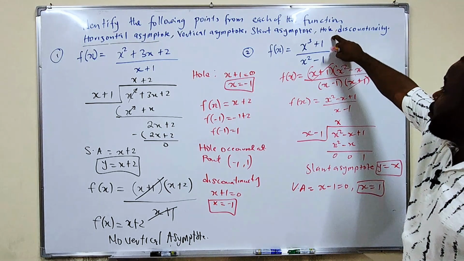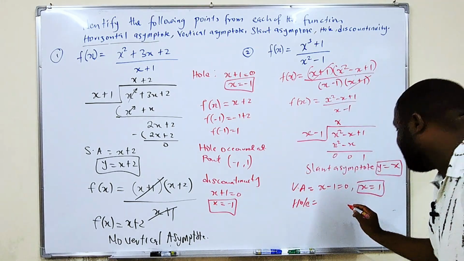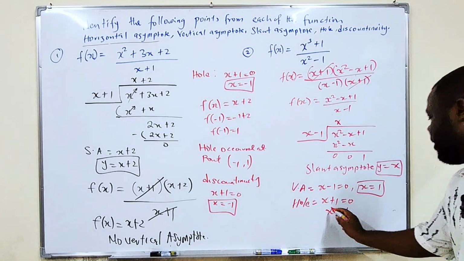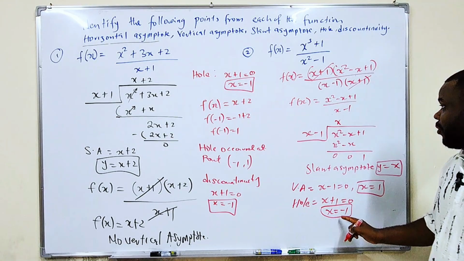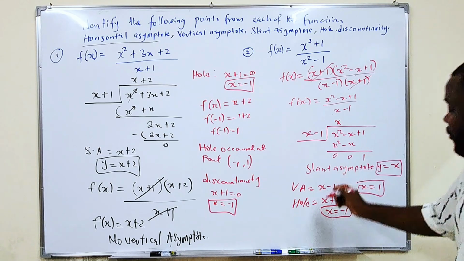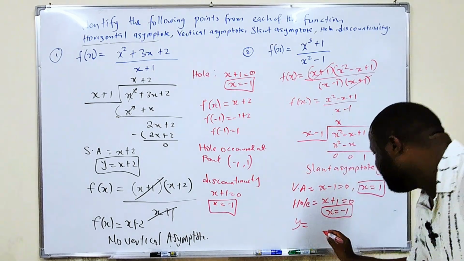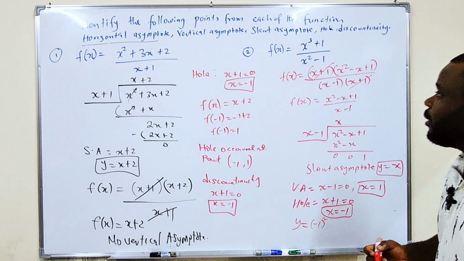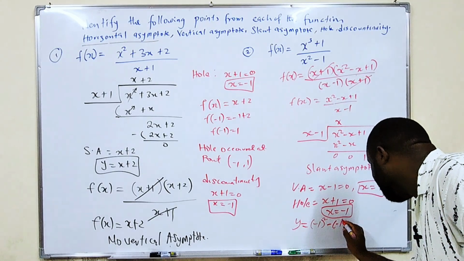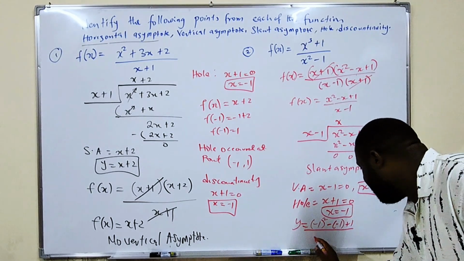So do we have any hole? Yes, we have a hole. For the hole, we are going to use our cancelled factor, just like we did here. So we have x plus 1 equals 0, so x equals negative 1, right? That is the x point for the hole. Then for y, we are using this: I have negative 1 squared minus negative 1 plus 1, everything out of negative 1 minus 1.